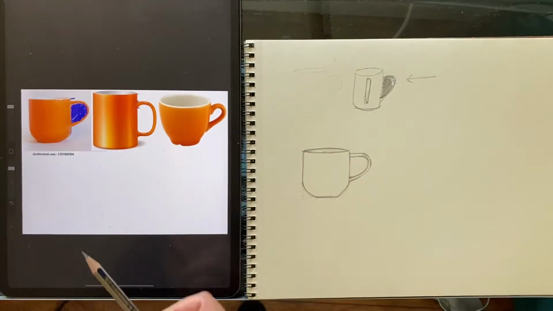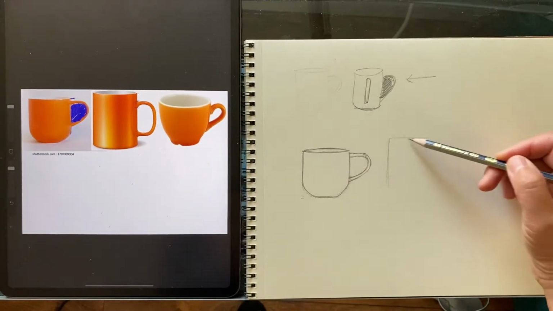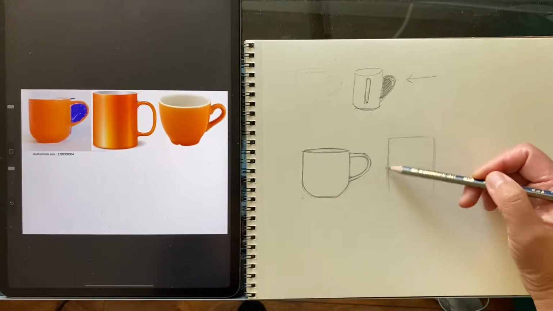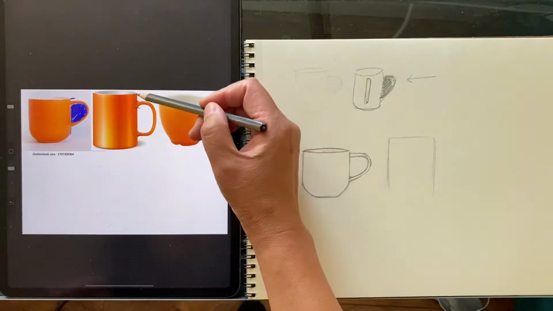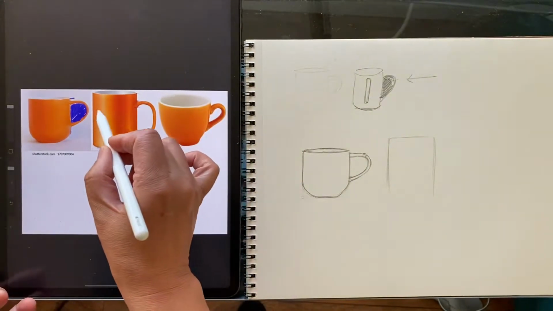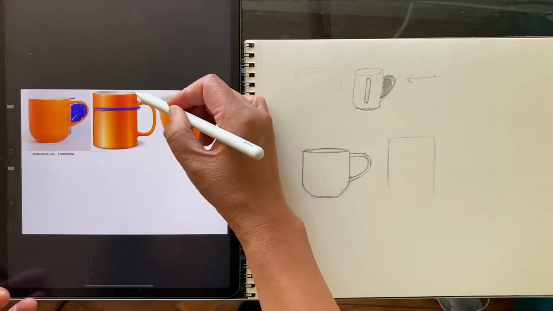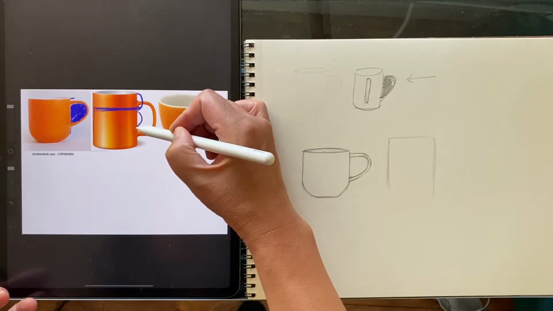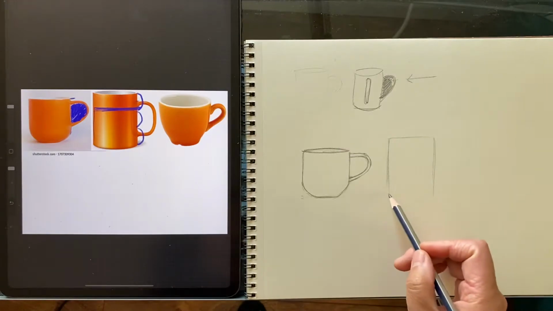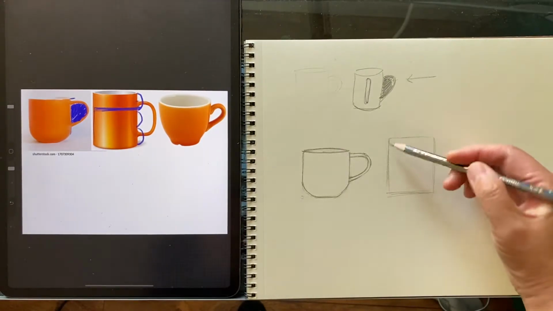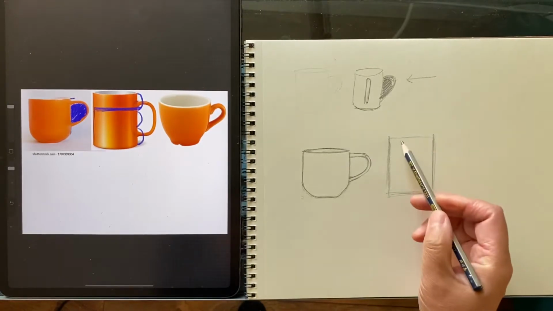Same thing as this. This is going to be a rectangle, and it is 1 1/3. So if that's a square, I think that's a square, right? Then this is going to be 1 2, right? So that's the proportion. We call it proportion.